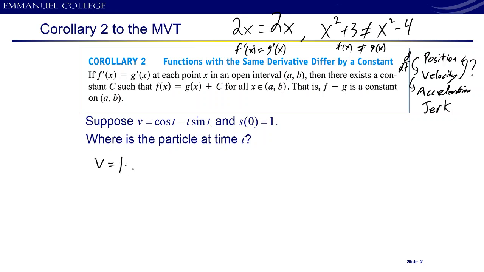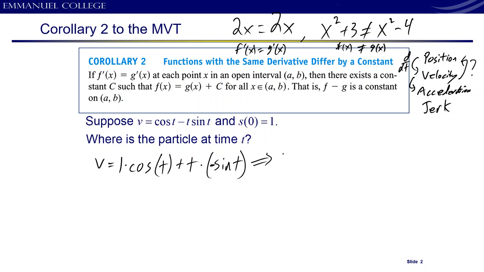I can think about this as 1 times cosine of t minus t times sine of t. But instead, I'm going to make this plus a negative sine of t.